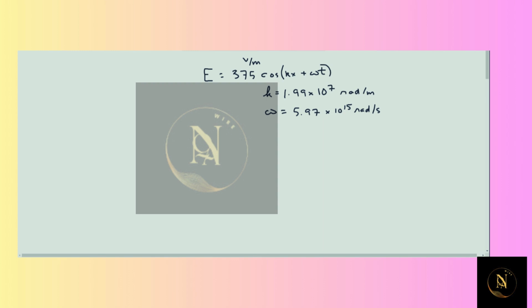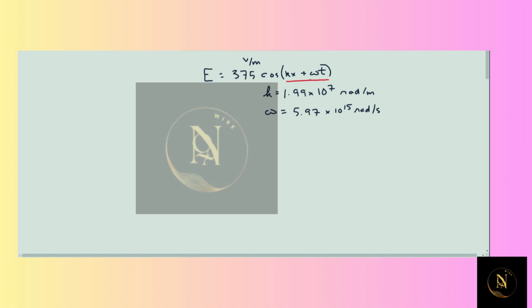First of all, the direction in which it is traveling is given by the argument to the sinusoidal portion, or cosinusoidal in this case. So every traveling wave has a sinusoidal or cosinusoidal variation. And there is a sign between the space and the time part.